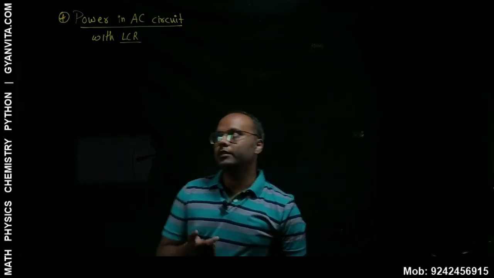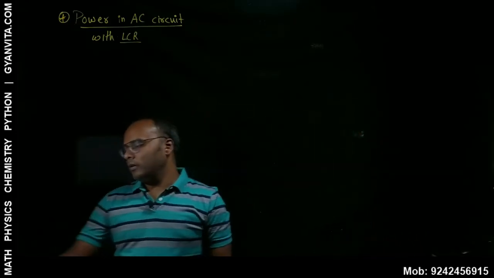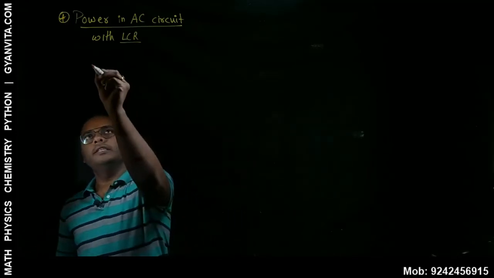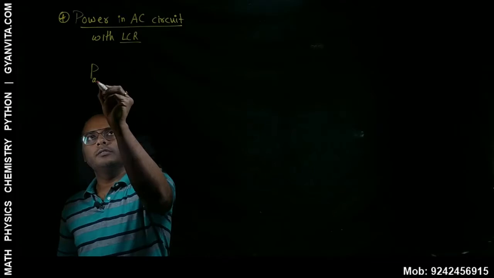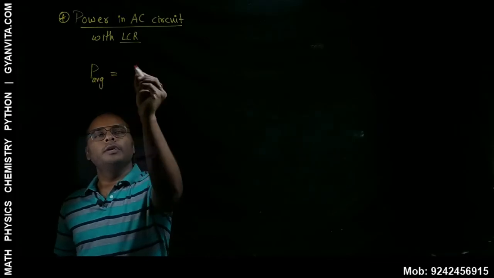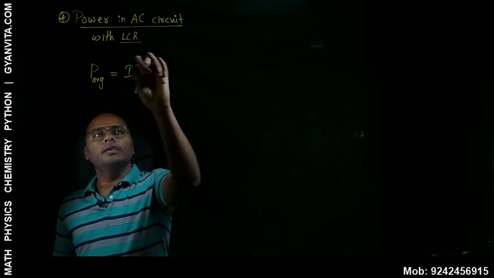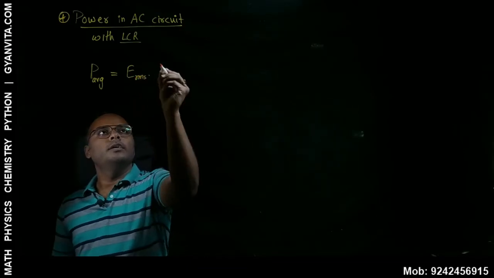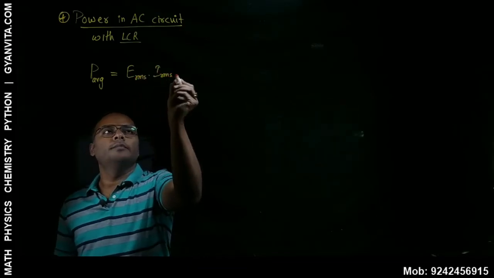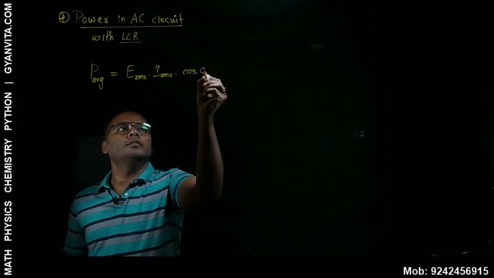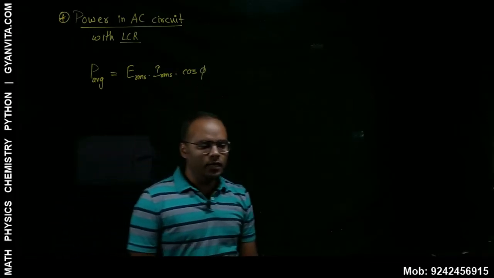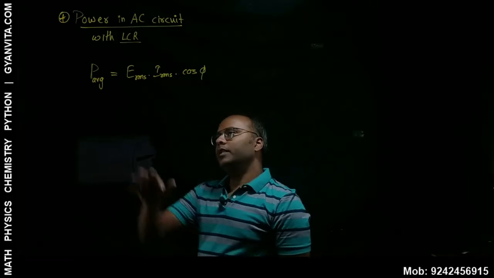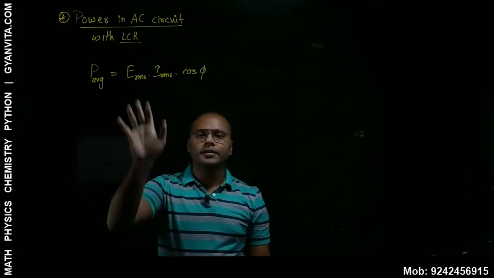When these three circuit elements are present in an AC circuit, we have already seen that the average power will be given by E_RMS into I_RMS into cos phi. So this is the expression for average power in an AC circuit.